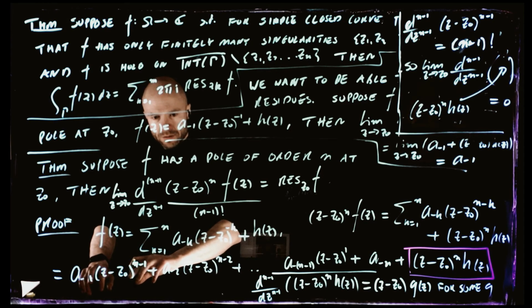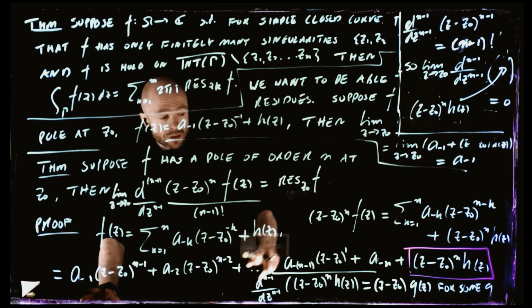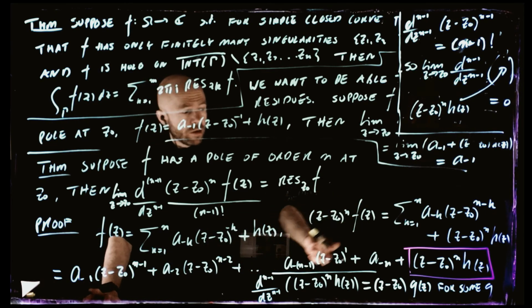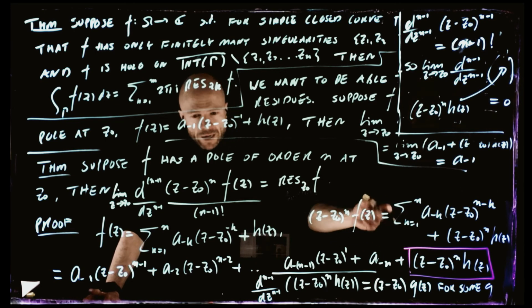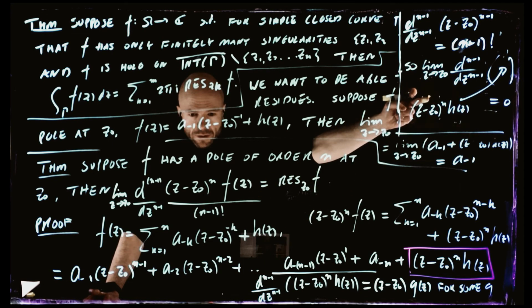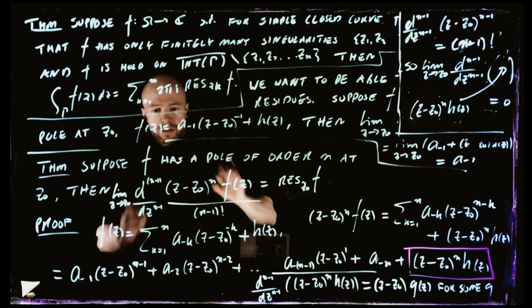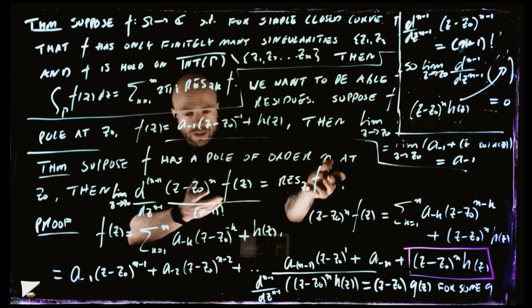Yeah? And everything else just vanishes. And then when we take the limit as z goes to z0, this guy is not a problem either. Or this guy differentiated n minus 1 times is not a problem either. By this, yeah? So then all we get in the end is just n minus 1 factorial times a to the minus 1. So we divide by n minus 1 factorial and we get exactly the residue.